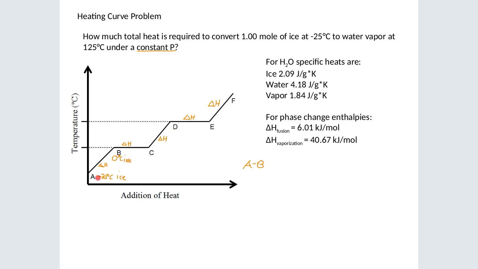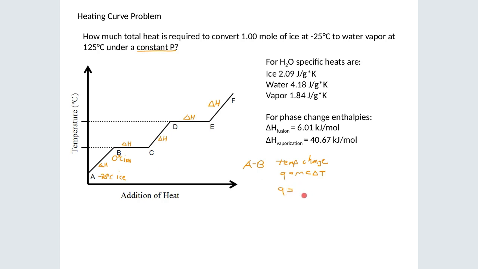So we have to determine, is this a temperature change or a phase change? And it's going to be a temp change. So we write Q equals MC delta T. And we want to figure out what the Q or the enthalpy is.